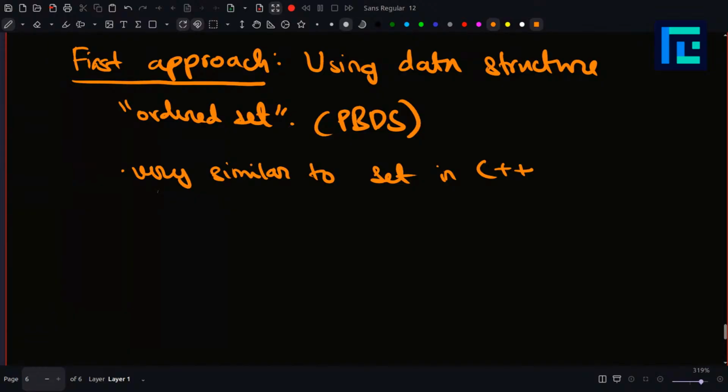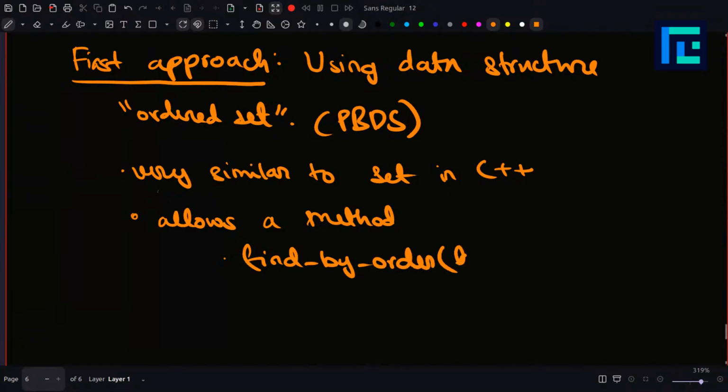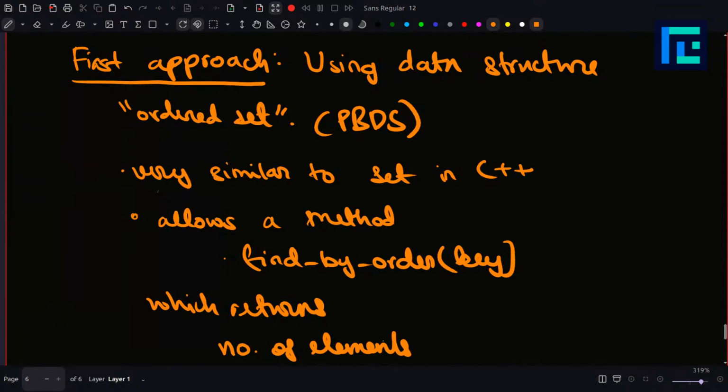Very similar to set in C++, it allows a method called find by order, which does a binary search type of thing on the tree, and returns the number of elements less than key. Okay, so find by order of key returns the number of elements less than key.